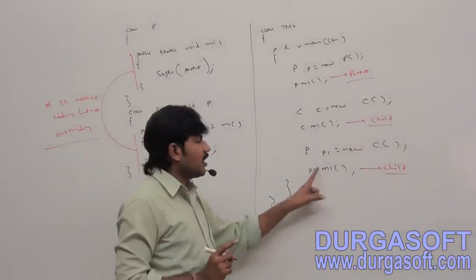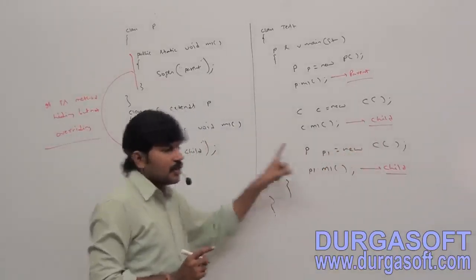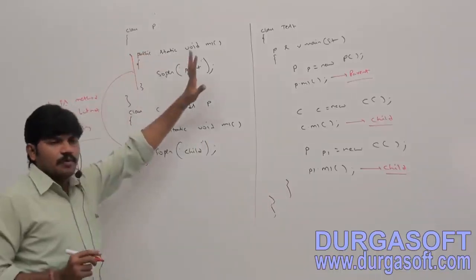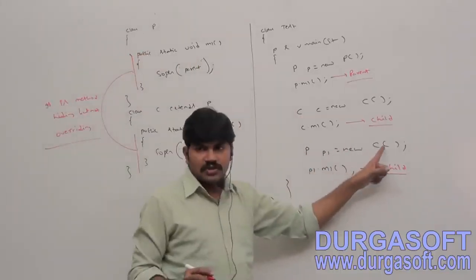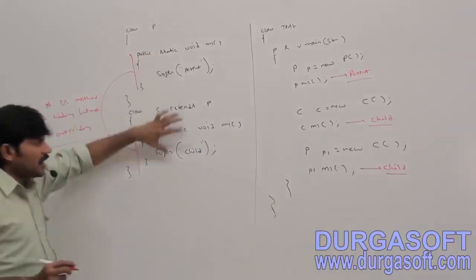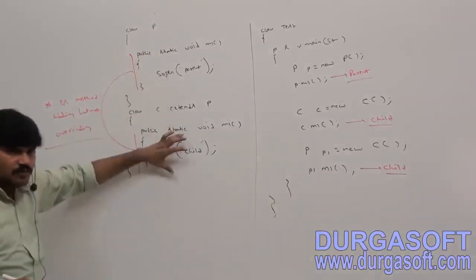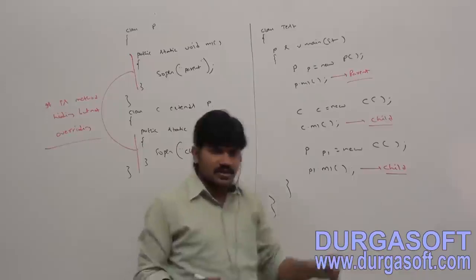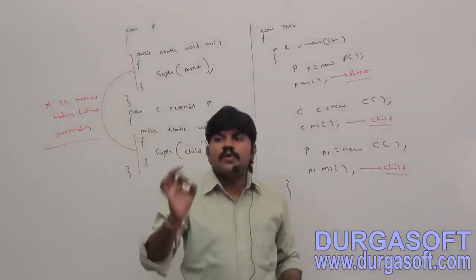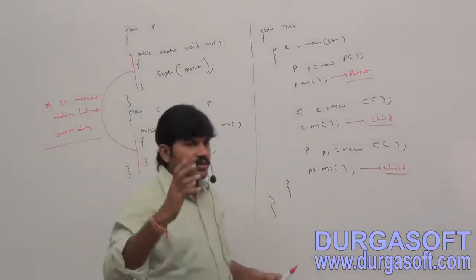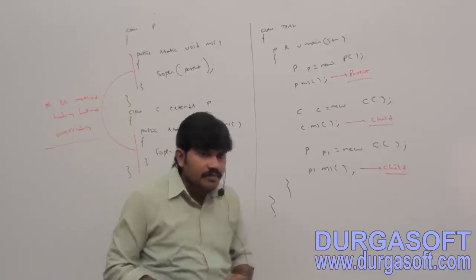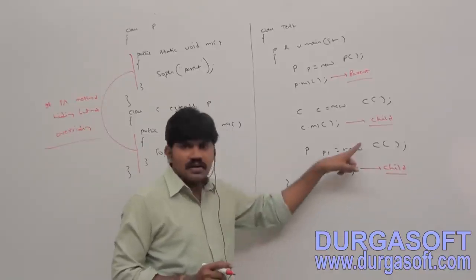The compiler checks that you are calling m1 on p1, which is of type P, and m1 is there in the parent class, no problem. But the runtime object is the child object, and if it is overriding, the child method gets the chance. In overriding, method resolution is always taken care of by the JVM based on the runtime object.